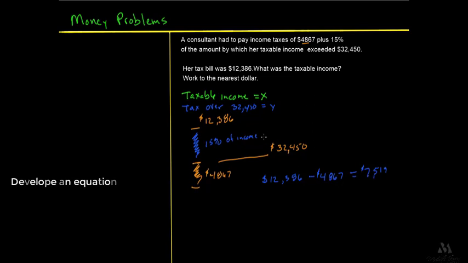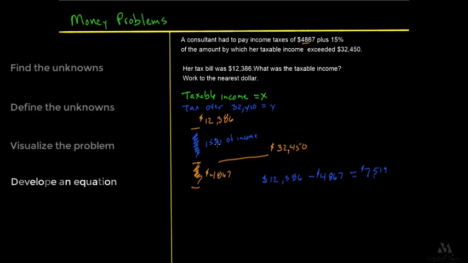All right, so I think it's this number, the $7,519 in taxes, that is going to tell us how much income we made over 32,450. Some number, we'll call this Z for right now, times 15% is going to equal $7,519.